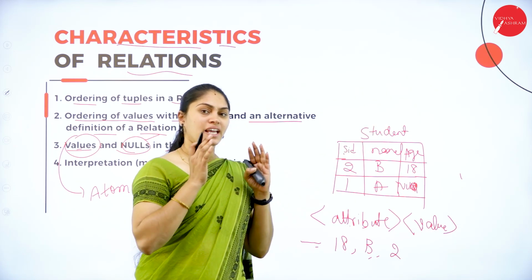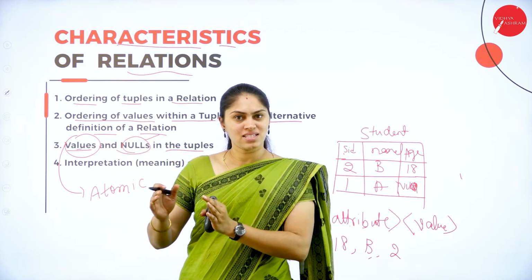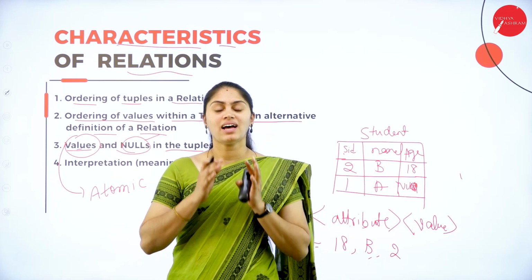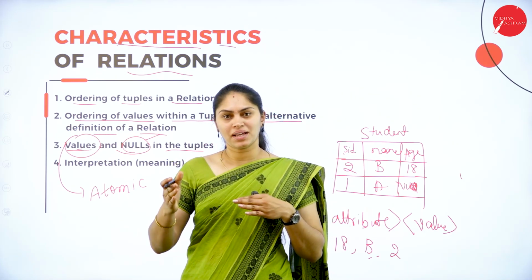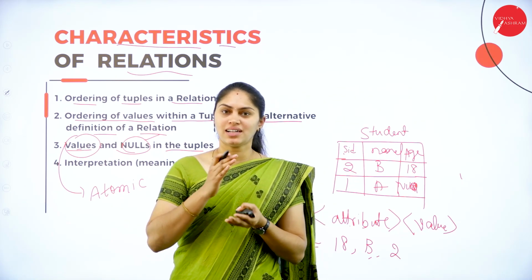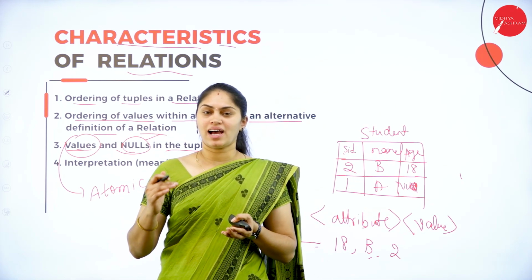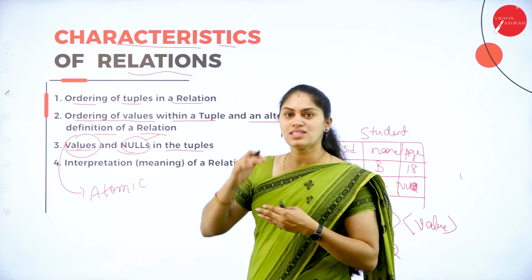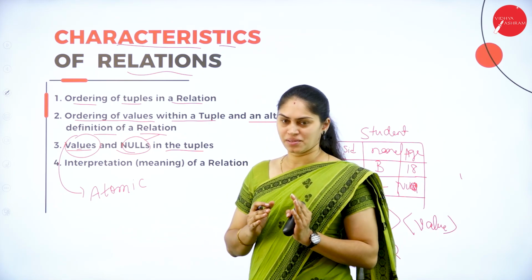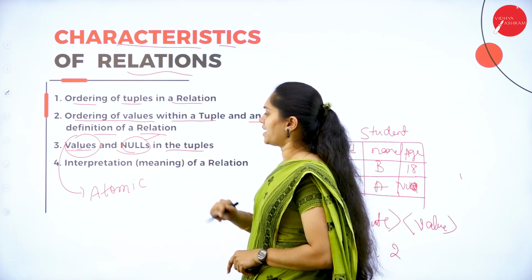If I am considering the null as a missing value throughout the table, I have to maintain the same thing. If I am using null for a not applicable value, then we have to use that null as a not applicable value throughout that database. So we should treat the null values and atomic values in a proper way. That is also one of the characteristics here.